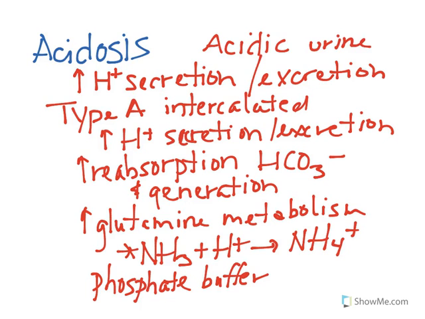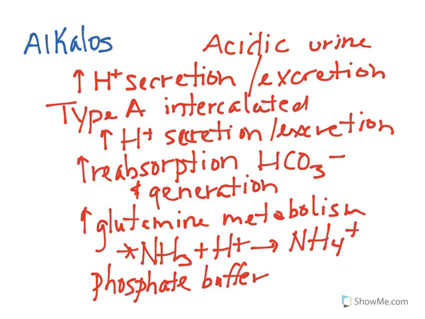Well, what about alkalosis? I'm tired of writing, so I'm going to see if I can just change some arrows here. So if I'm alkalotic, with alkalosis, you're not going to be secreting hydrogen ions as much, so you decrease it, and so you decrease the excretion of it.